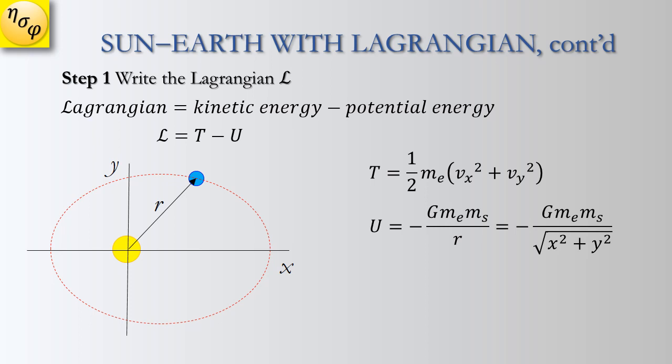And U is the potential gravitational energy, which is negative G times Earth mass, Sun mass divided by R. Using Pythagoras theorem, R is just square root of x squared plus y squared. Hence, the Lagrangian is shown on the screen.